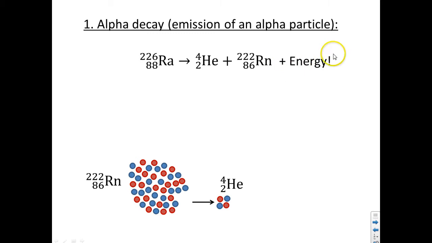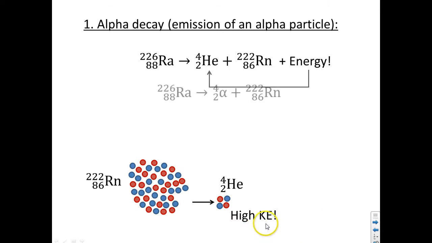So we need to add some energy to the right side in order for this to really be complete. We don't always write in plus energy when we're writing out the equation. We just remember that there's actually a little more energy on the right side. So where does this energy go? Well, actually it's given to the alpha particle, which has a high kinetic energy.